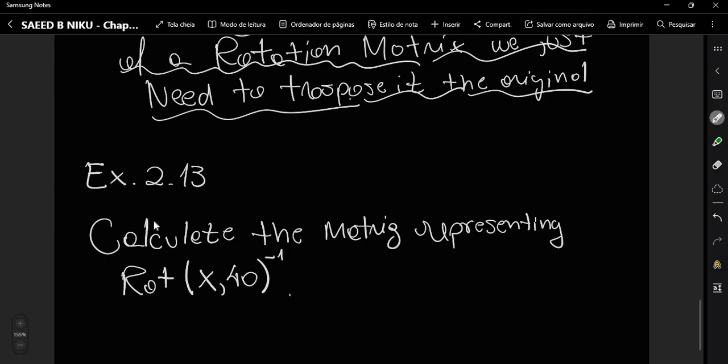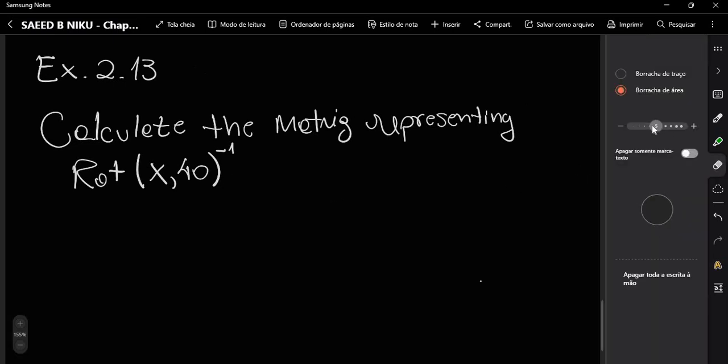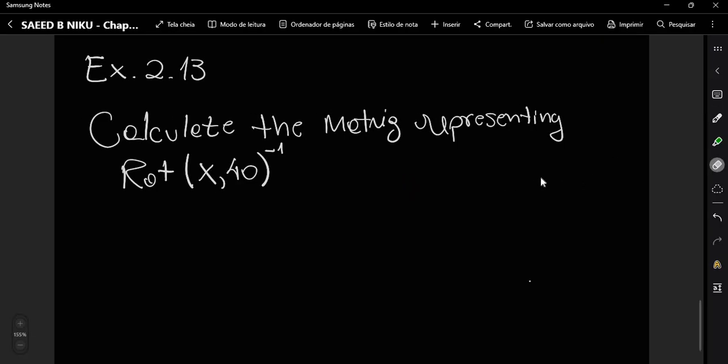But before we solve this example, I'm going to take a step back to pass to you some concepts that the book brings, and I'm pretty sure that it is important.